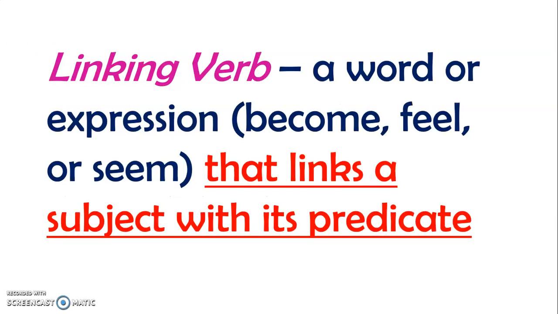Next one is LV. As I told you earlier, LV stands for linking verb. A linking verb is a word or expression that links a subject with its predicate. From the root word of linking, which is link, it links the subject and the predicate.